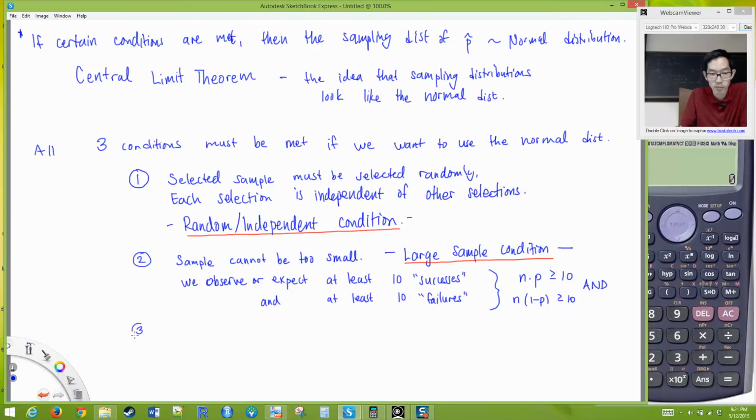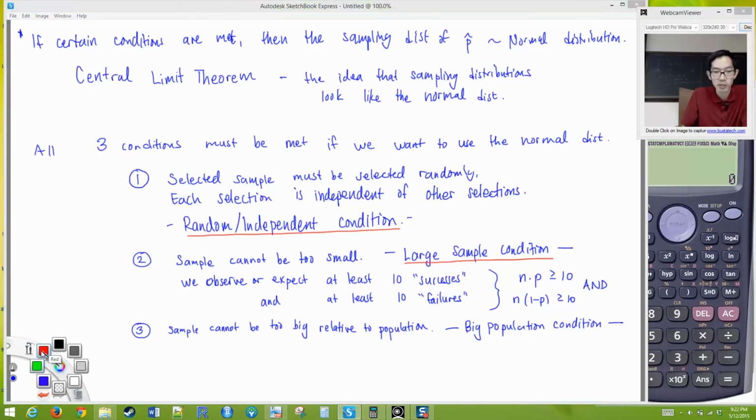Okay. And then the last one is that the sample should not be too big, relative to the population. Okay, so this is known as the big population condition. You rarely run into this problem unless you're dealing with a small institution or something like that. Okay?